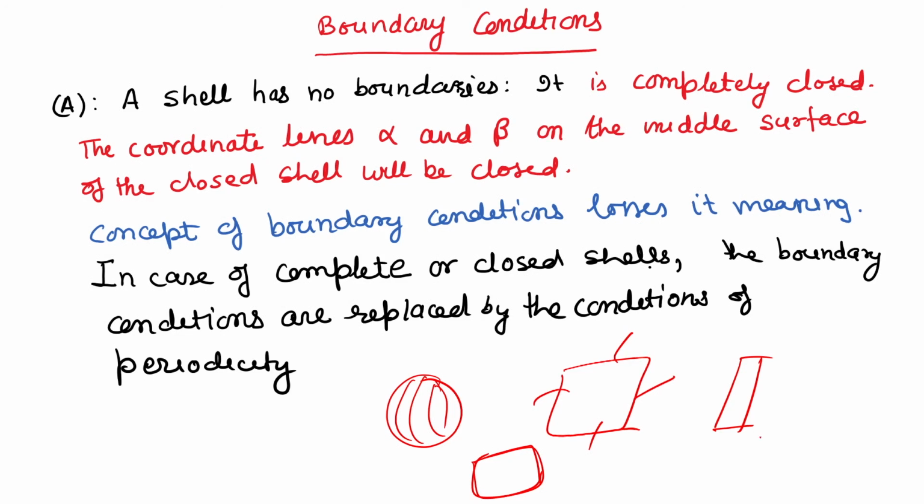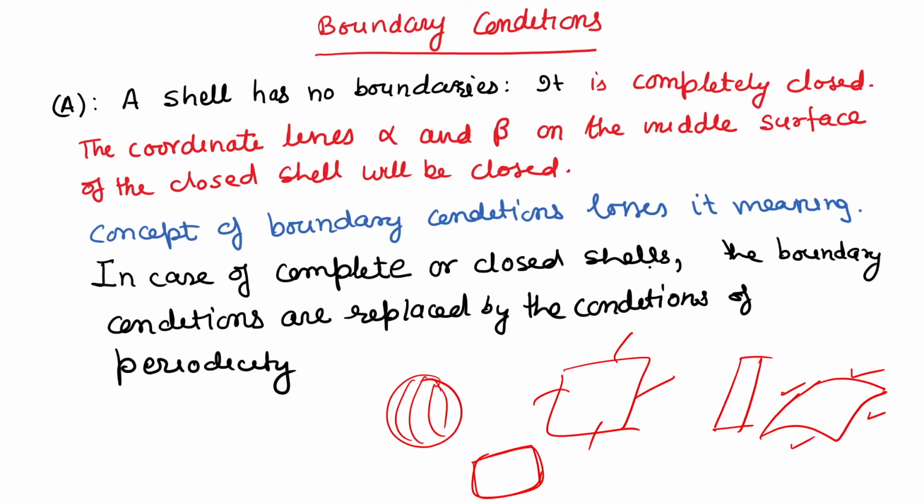The previous set applies when you have both ends, means corners, available for the boundaries. If a shell has no boundaries, it is completely closed. The coordinate lines alpha and beta on the middle surface of the closed shell will be closed. They will not be free, open.